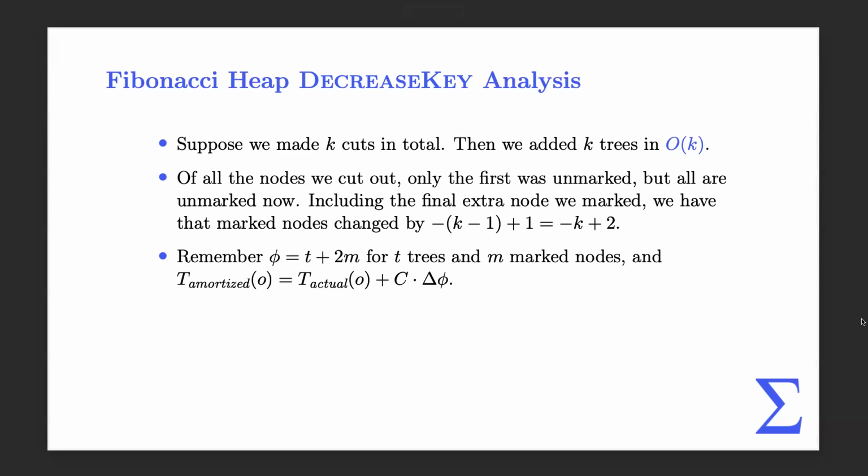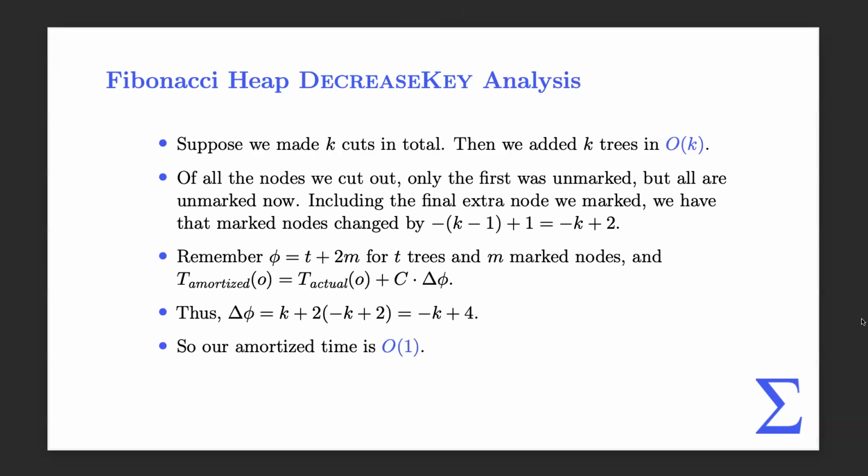So we know how many trees we added, and we know the change in the marked nodes, so we get the change in the potential function: k added trees, minus k plus 2 times 2, so minus k plus 4 is delta phi.